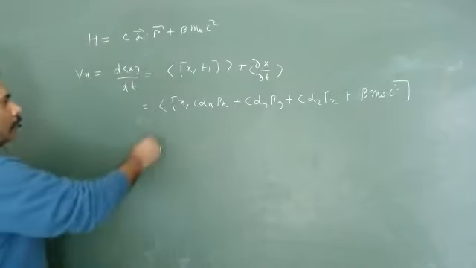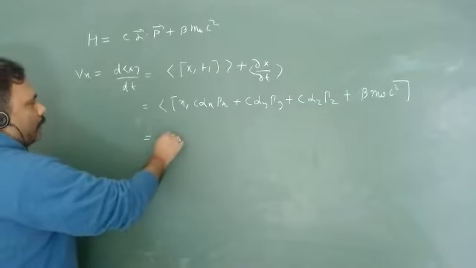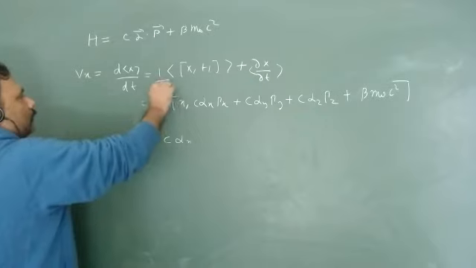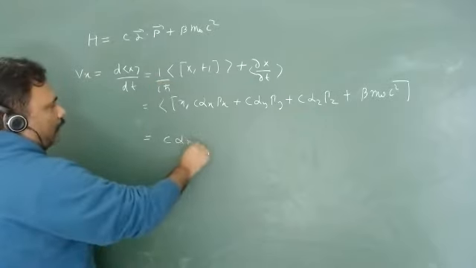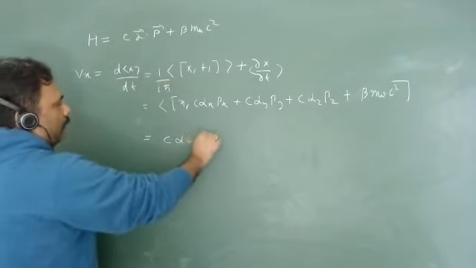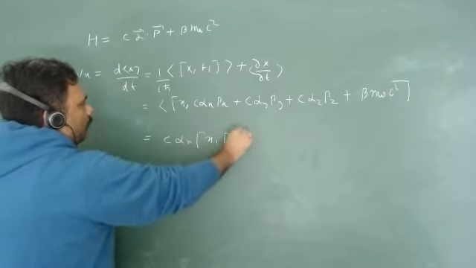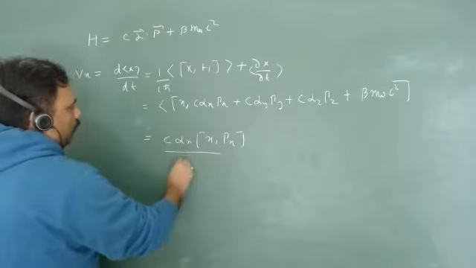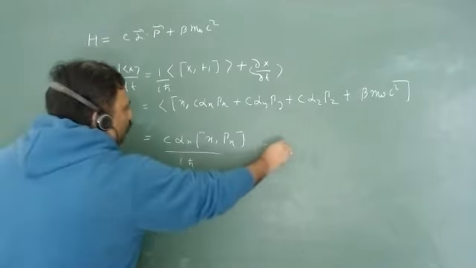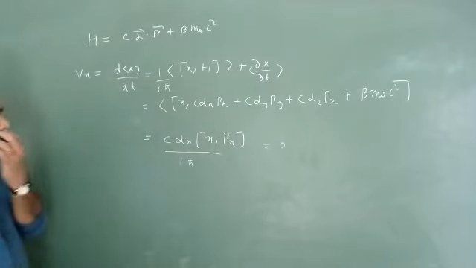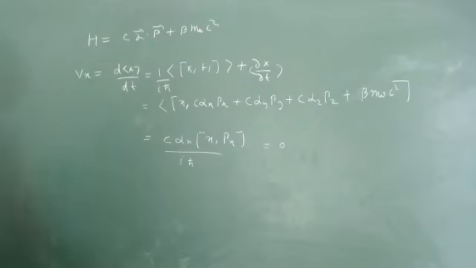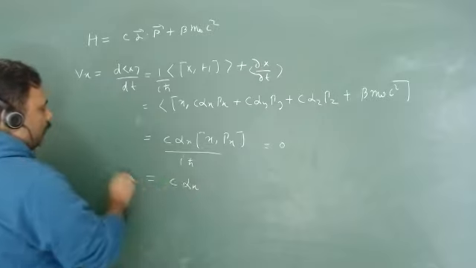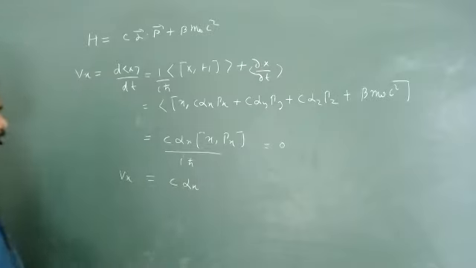So what will be your final surviving thing? We have C, and 1 by iħ is also there. So C alpha x, we have [x, px], isn't it? By iħ, and all other things are 0. What will happen to iħ [x, px]? It is iħ. So this value C alpha x is equal to Vx.